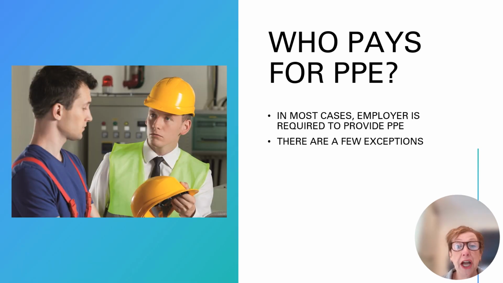So, if OSHA requires certain employees to use PPE while they're at work, whose responsibility is it to pay for the items? Well, in most cases, the employer is required to provide PPE. There are a few exceptions, such as if the employee loses or damages their PPE.